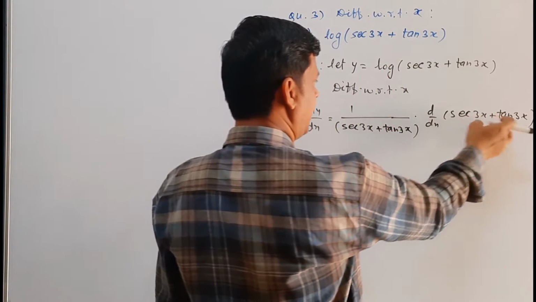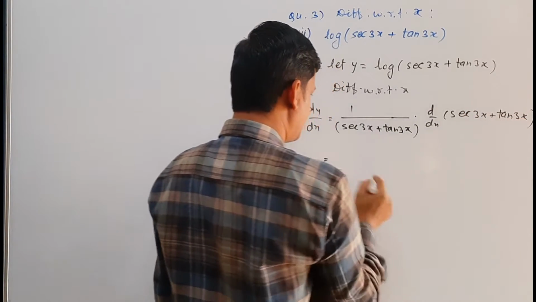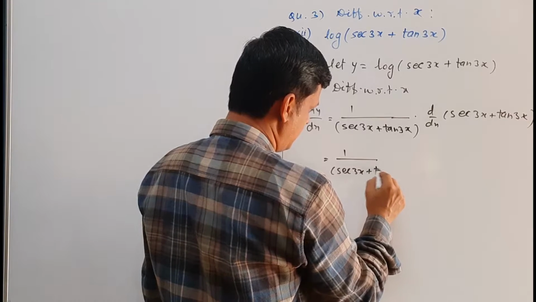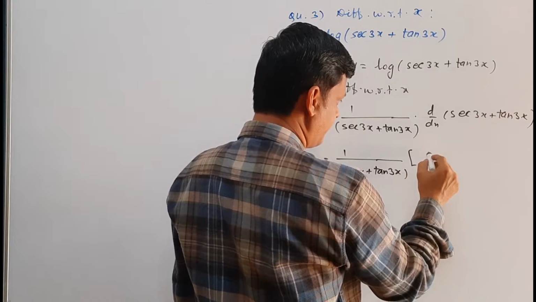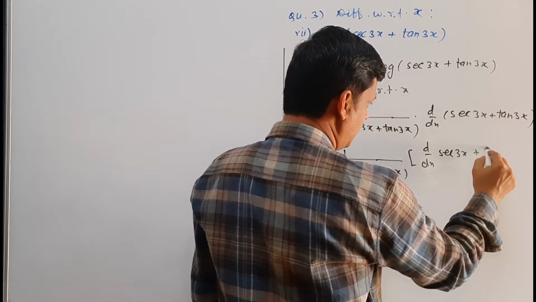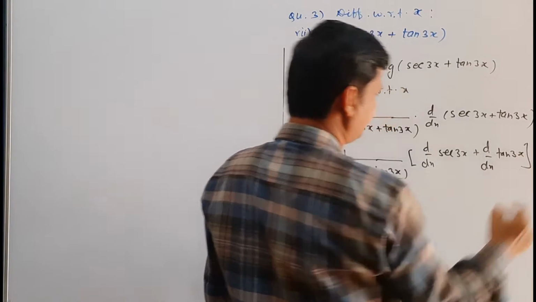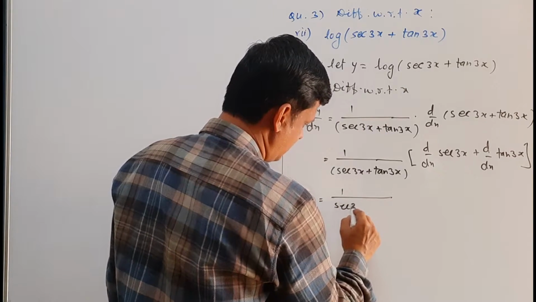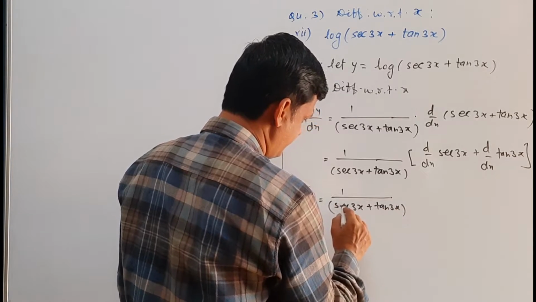Now we have to apply the addition rule. So we find the derivative of the first term plus the derivative of the second term. So we write 1 upon sec 3x plus tan 3x into d by dx of sec 3x plus d by dx of tan 3x, with 1 upon sec 3x plus tan 3x as it is.